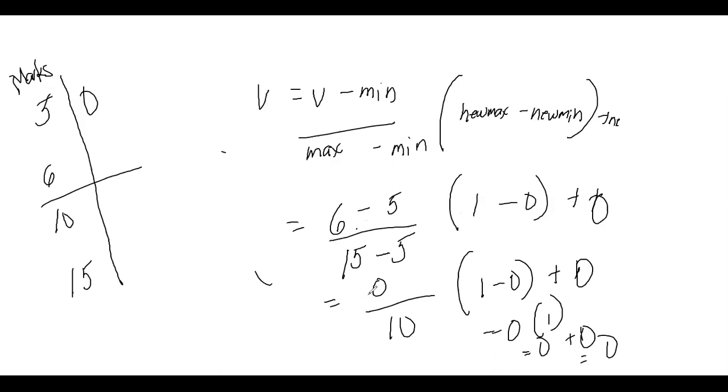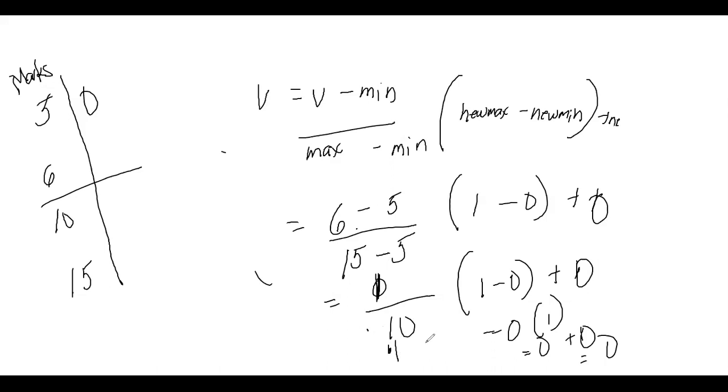So we have here 6 minus 5, which becomes 1. So 1 over 10, or 1 divided by 10, is equal to 0.1.